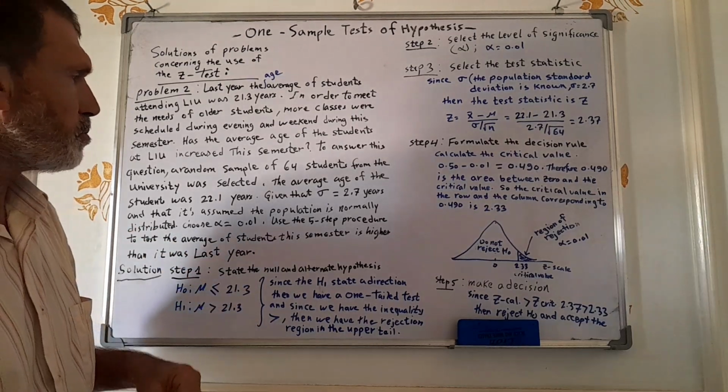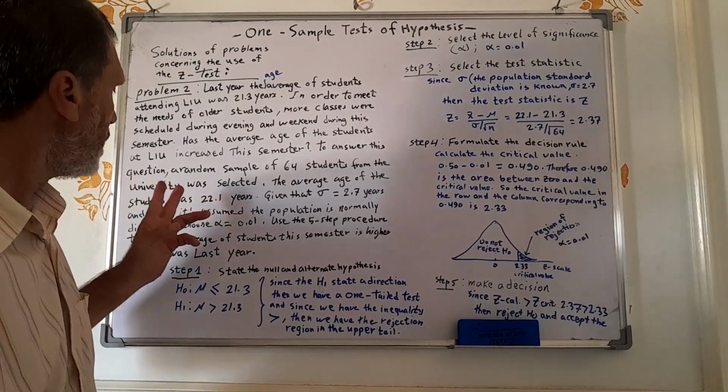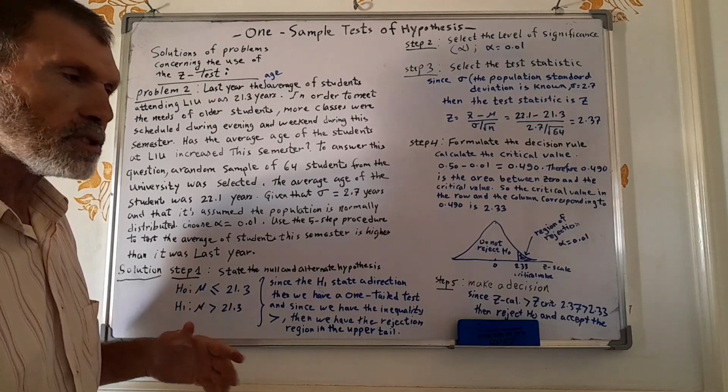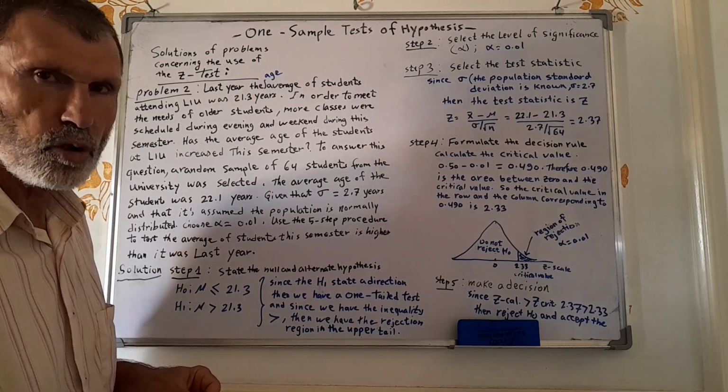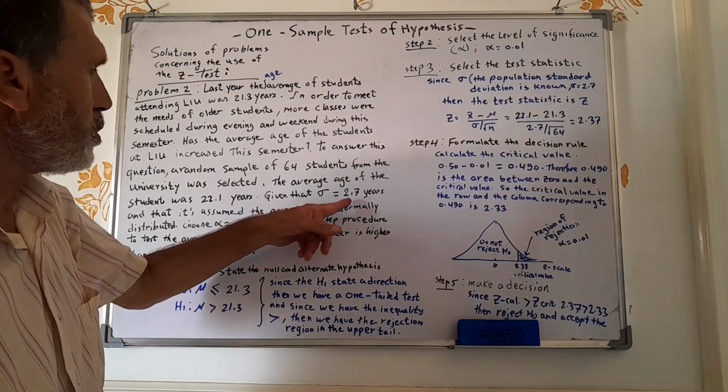Why is it normally distributed? Because we have a very large sample, over 32. We have 64 individuals in the sample, so it is guaranteed that we have a normally distributed population. Anyway, sigma is 2.7 years.